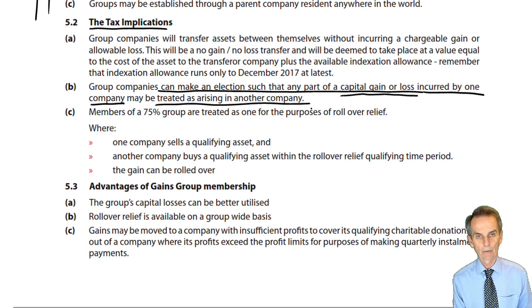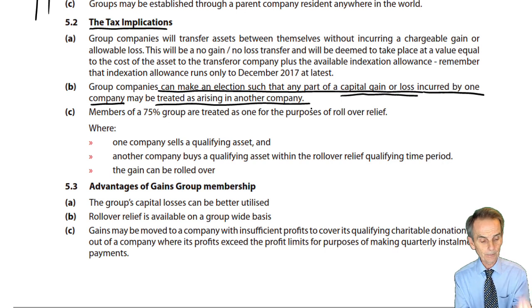Remind yourself of that. And all that will happen here is that instead of the sale and the purchase both being made by the same one company, now one gains group member does the selling, a different gains group member does the buying. They're both in the same gains group.